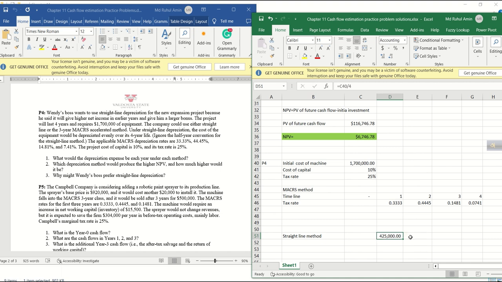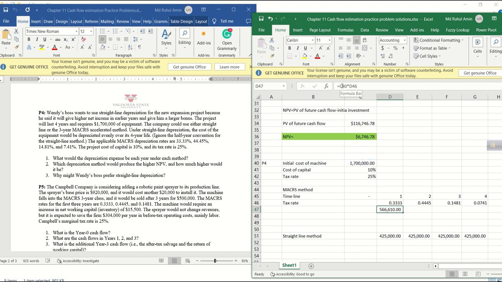And this number would be the same for each year. But what would be our MACRS method? So this times this.